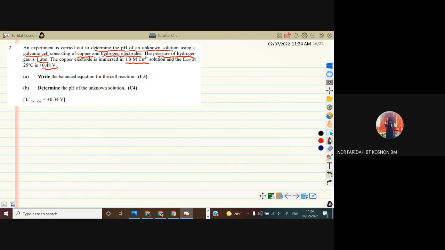So kita tahu galvanic cell yang digunakan dalam experiment ini consisting of copper solid and hydrogen electrode SHE. Jadi sekarang siapa anode, siapa cathode? Macam mana nak pilih anode dan cathode?